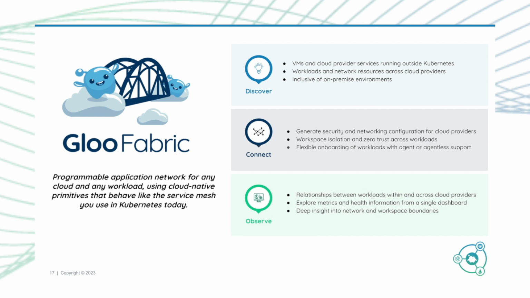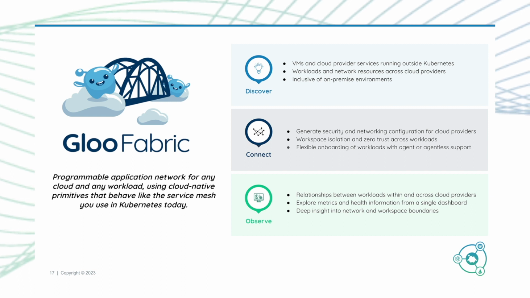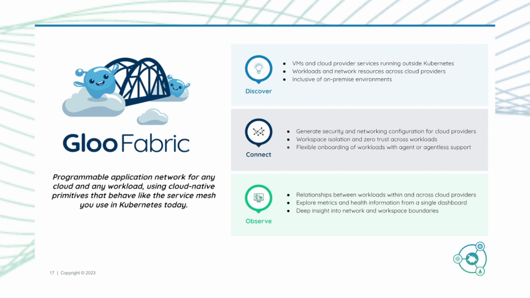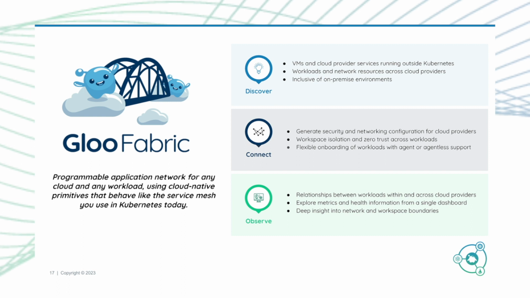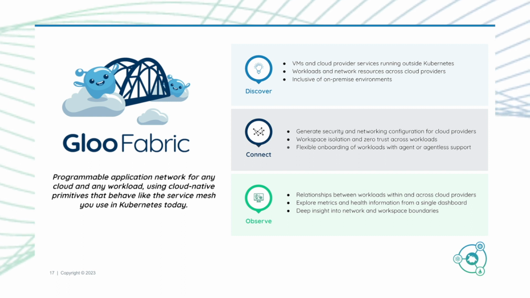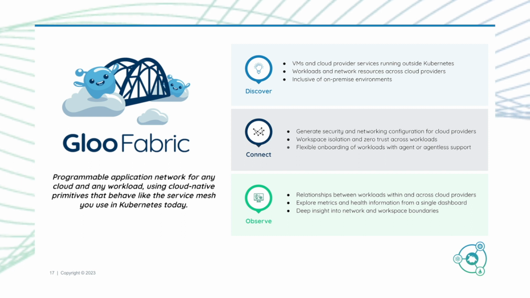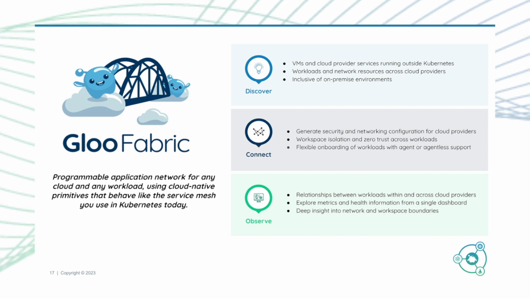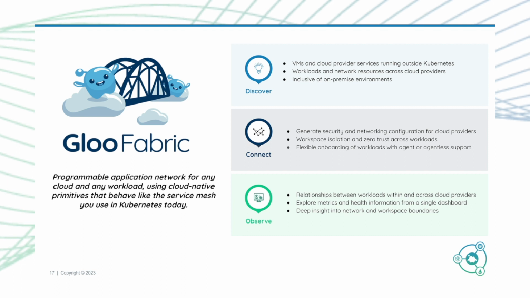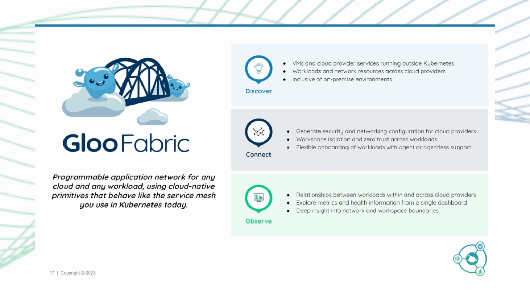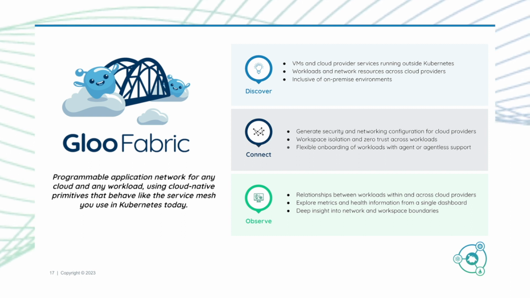Once discovered, Fabric can connect these networks and workloads across cloud providers, generating the low-level network configuration so you don't have to handle that. This allows you to implement things like workspace isolation and zero trust across workloads and cloud providers, also supporting flexible onboarding workflows for virtual machines using agent or agentless approaches.